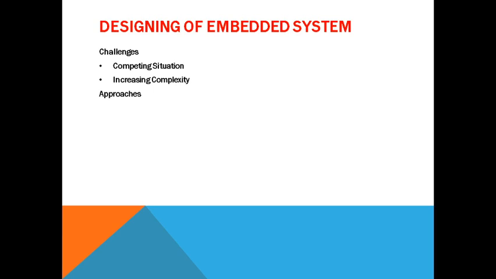So what are the approaches? The first approach to design an embedded system is reusability, maybe in the form of software and hardware. The second point is the object oriented approach, because several codes are used, with classes and object concepts, and all modules are not required.